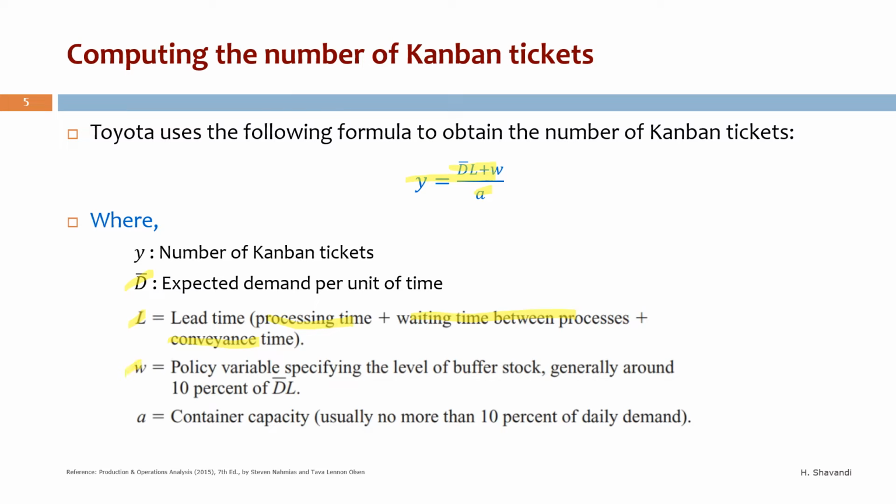W is the buffer level depending on our policy. So D bar L plus W is the total requirement during the lead time. A is the container capacity. If we divide the total requirement per lead time by A, assuming each container has a Kanban ticket or card, we obtain Y, the number of Kanban tickets needed.